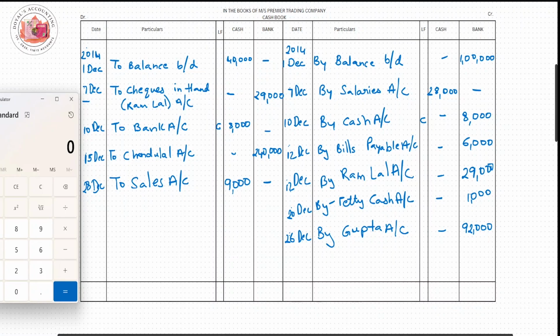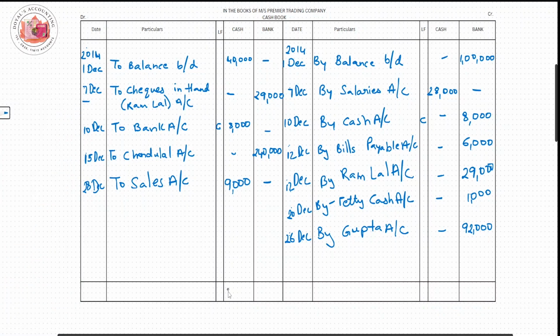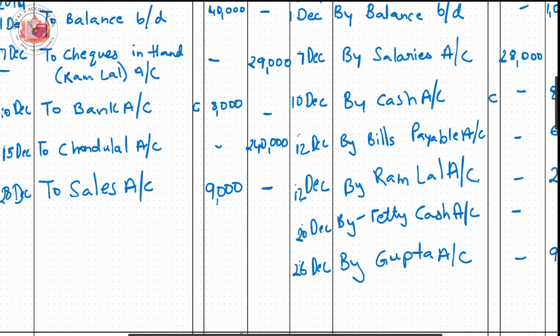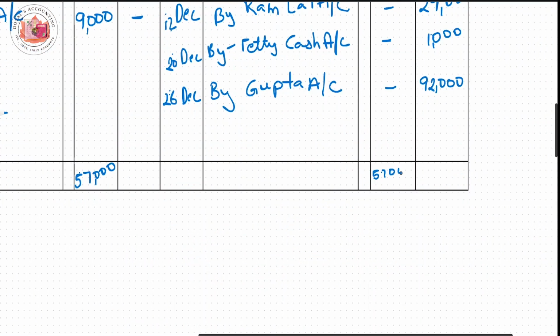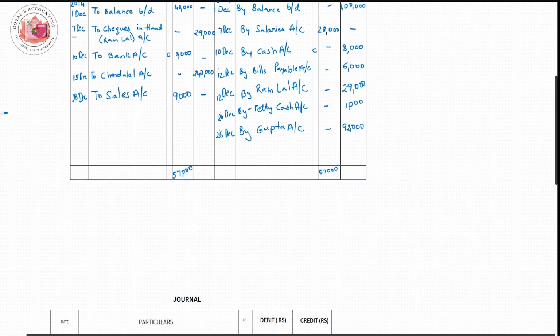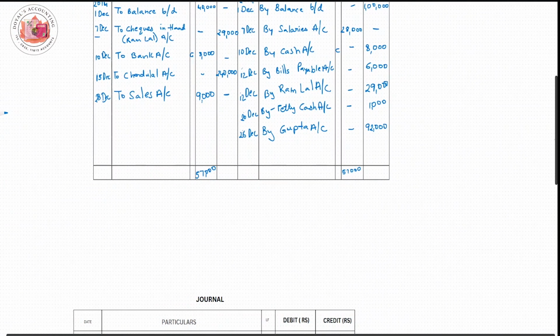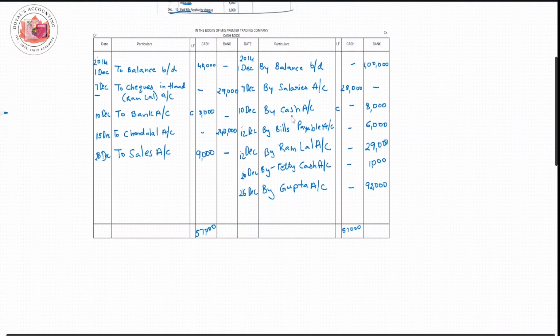On my receipt side, I have 40,000 plus 8,000 plus 9,000, which gives me a total of 57,000. So I will write my total 57,000, and my balance over here also needs to be 57,000. Now from this 57,000 I will minus whatever expenses are there in my cash column. I have only one expense, which is 28,000.